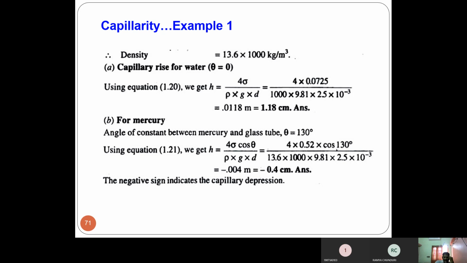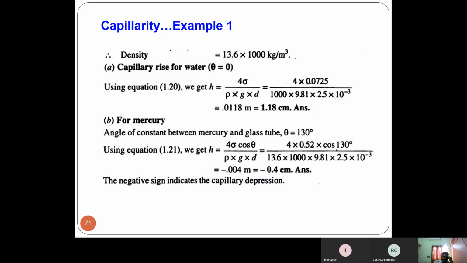For mercury, the angle of contact with the glass tube is 130, given in the problem. If the value is not given, we can take it as 128 degrees. So for mercury, capillary fall or rise, H is equal to 4 sigma cos theta by rho g D. Substitute the values: sigma 0.52, cos 130, rho 13.6 into 1000, g 9.81, diameter D 2.5 into 10 to the power of -3.